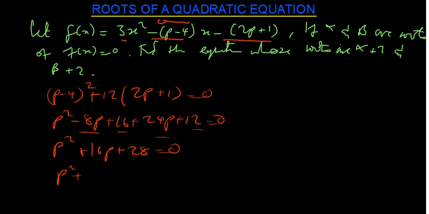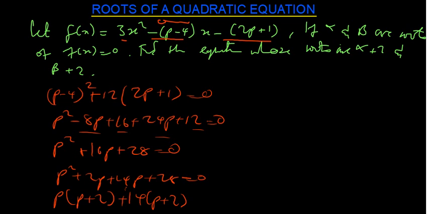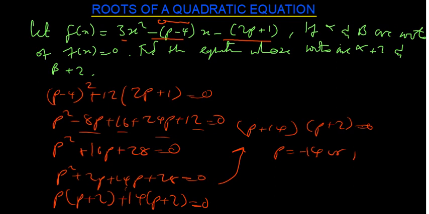So p squared plus 2p plus 14p plus 28 is equal to 0. So p open bracket p plus 2, plus, then factorize 14 also here, p plus 2 is equal to 0. So this gives us p plus 14 and p plus 2 being equal to 0. So p is equal to negative 14 or p is equal to negative 2.